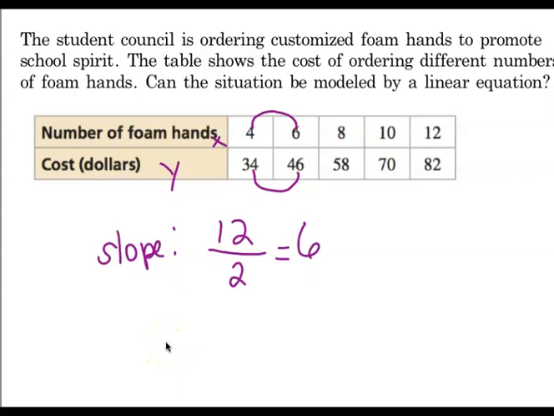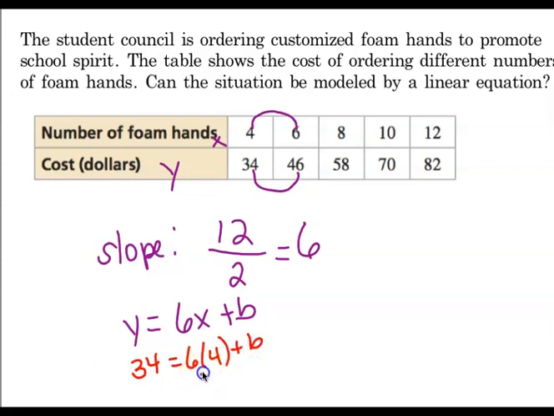So probably a setup fee or something else. So what we need to do is solve and find the y-intercept. So we know it's going to be y = 6x + b. You can put any point, so it's probably easiest just to use the first point. So the first point, the y is 34, the x is 4.